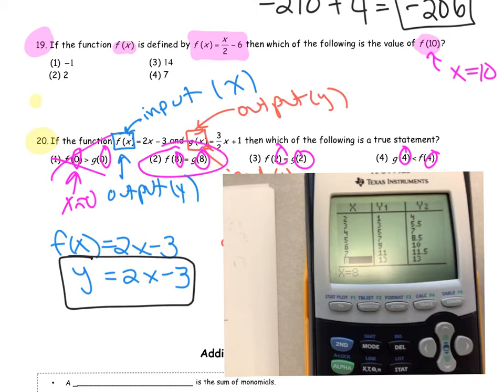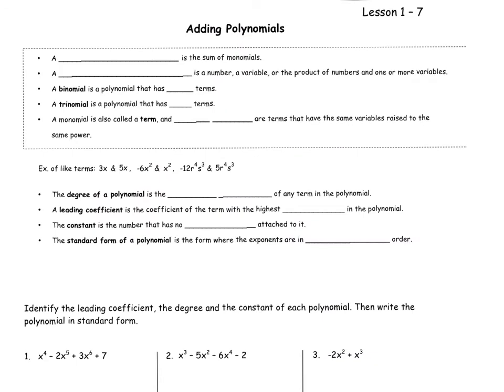We are going to start and take a look at adding polynomials. Just to begin, with adding polynomials, we want to establish some basic definitions. For our first definition, it's right there in the words: a polynomial is the sum of monomials, whereas a monomial is a number, a variable, maybe the product of numbers.